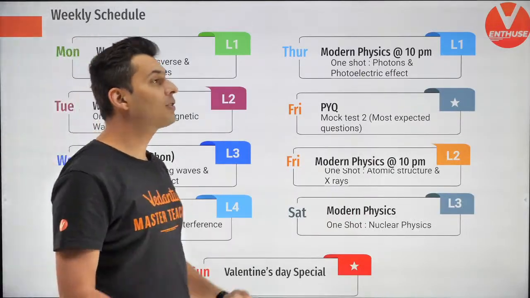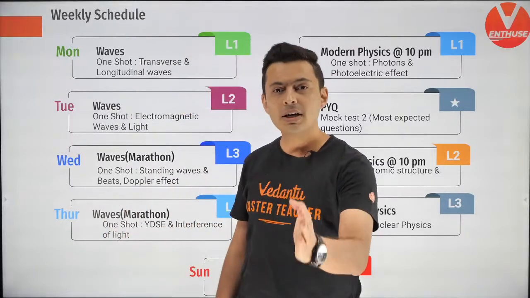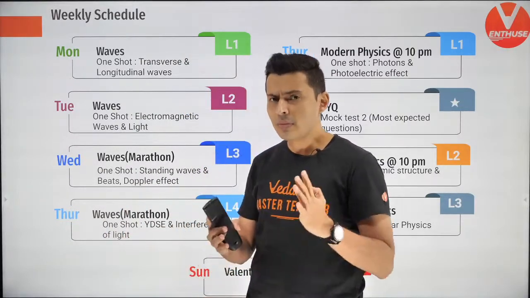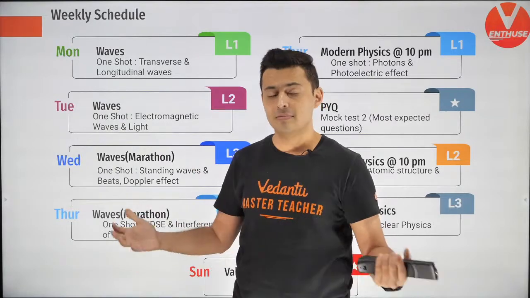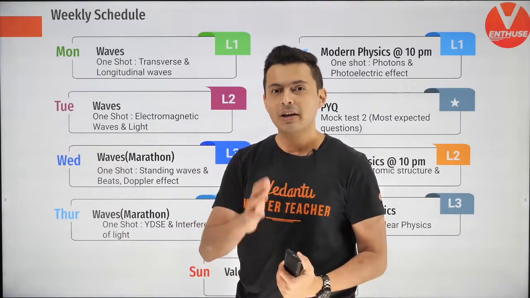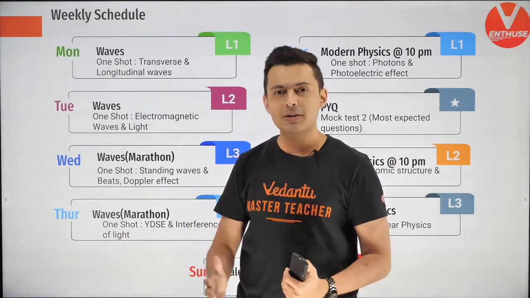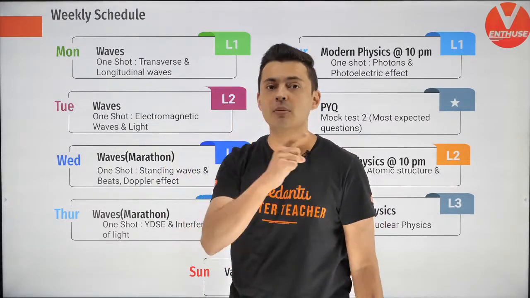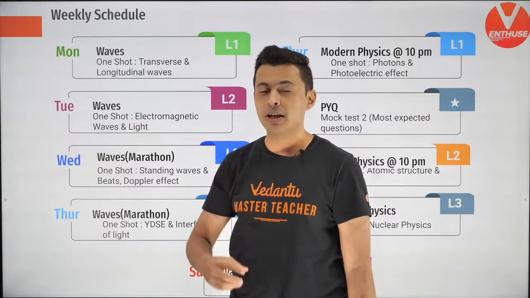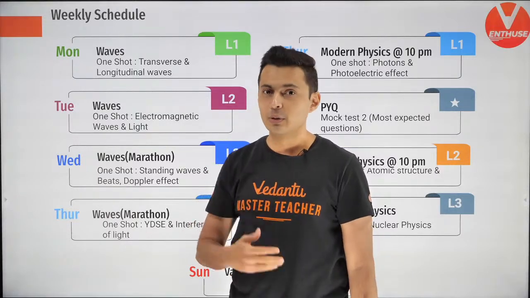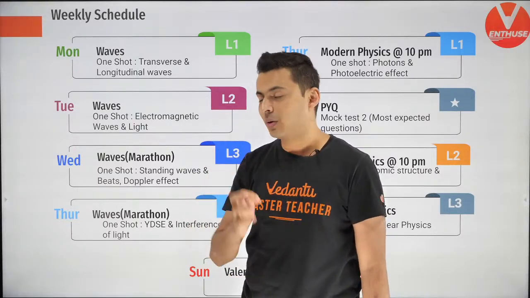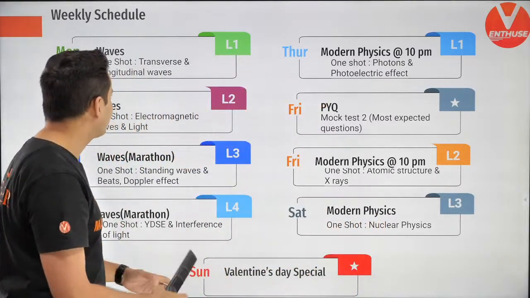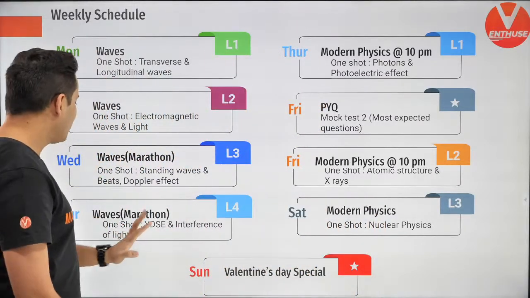And this week is going to be very heavy. Many of you minions have asked me, sir, can you complete the syllabus? Yes, I have listened to you, and reading all your comments and suggestions, I have decided that next week I am going to work even harder for you. I am going to take double the effort, even though it is going to cost me a lot of energy. It's okay. So what I have decided, guys, is that waves will be completed.